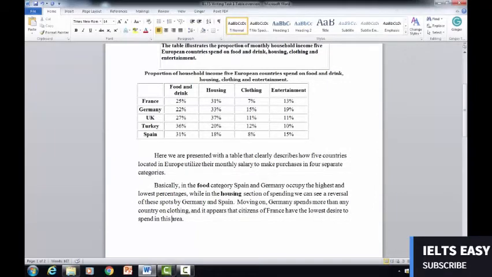In our last sentence for the general overview, we're looking at entertainment. In entertainment, we can see that Germany spends the most on entertainment and Turkey spends the least.